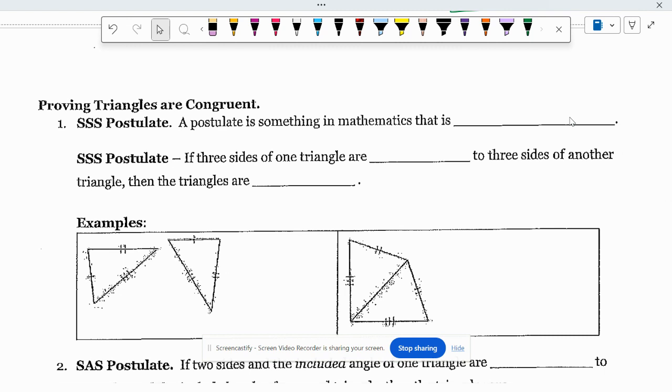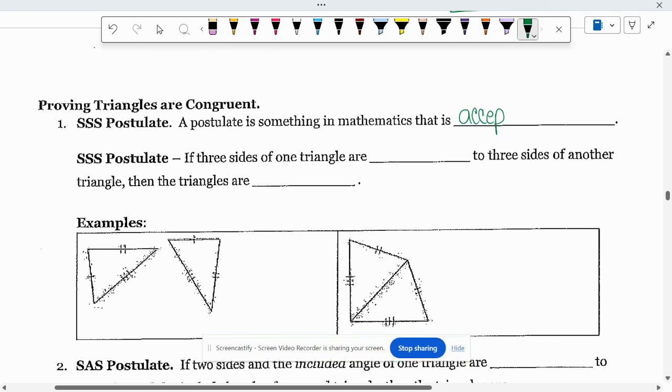So a postulate is just a rule or a math law that is accepted as true without proof. It just is.